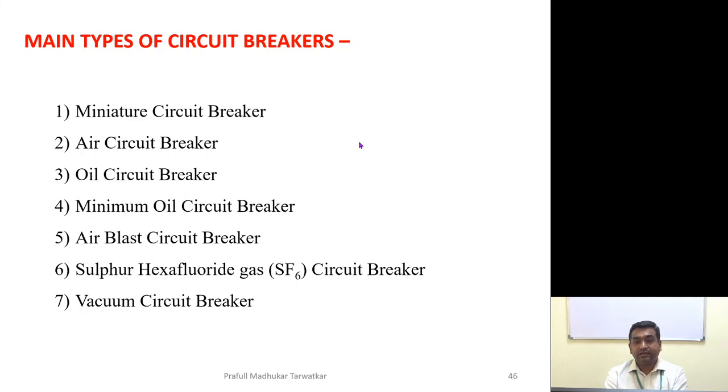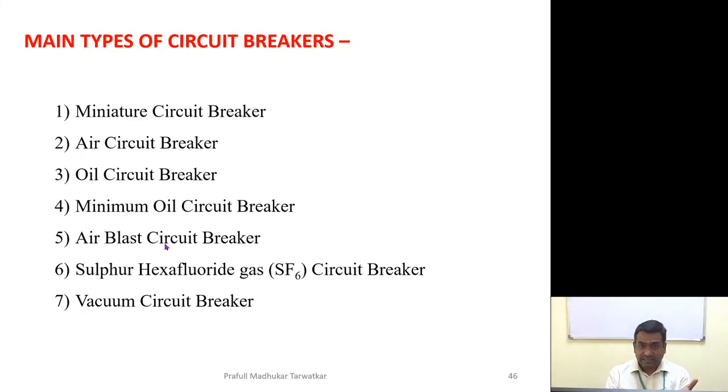As I discussed earlier, depending on the arc quenching medium, the types of circuit breakers are classified. Miniature circuit breaker we have already discussed in the previous lecture, a smaller version of the high voltage circuit breaker. Then air circuit breaker, wherein natural air or forced air is used as the arc quenching medium. Then oil circuit breaker, in terms of quantity of oil, either minimum oil or bulk oil, to quench the arc.